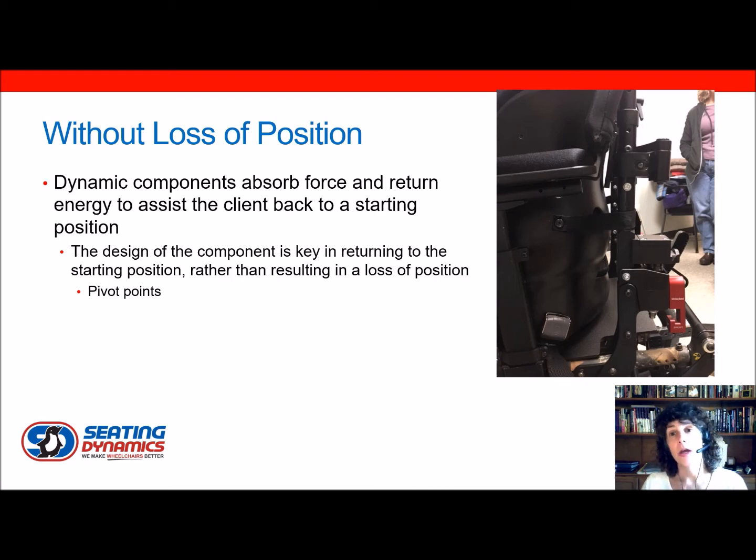It's very key to the design, and a lot of this has to do with where the pivot point of the dynamic component is in relation to the pivot point of the anatomy of the client. So a dynamic back needs to pivot in line with movement at the hips in order to not lose position for the client.